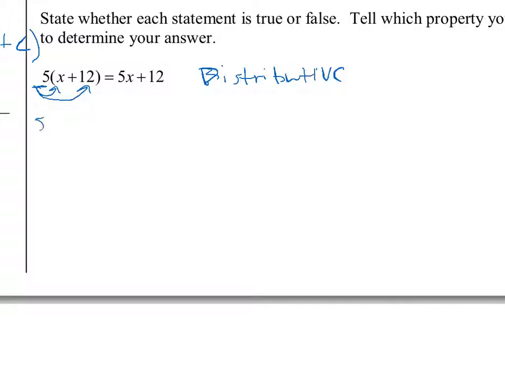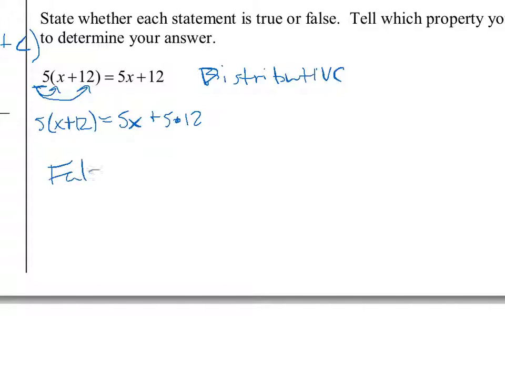No, what we should see is 5. And in these problems, if you ever say false, you're also going to show me what it should look like. 5 times x is 5x, plus 5 times 12. They forgot to multiply the second term. So this is false.